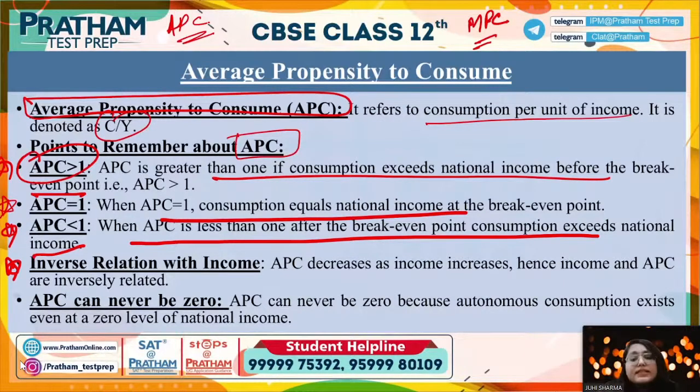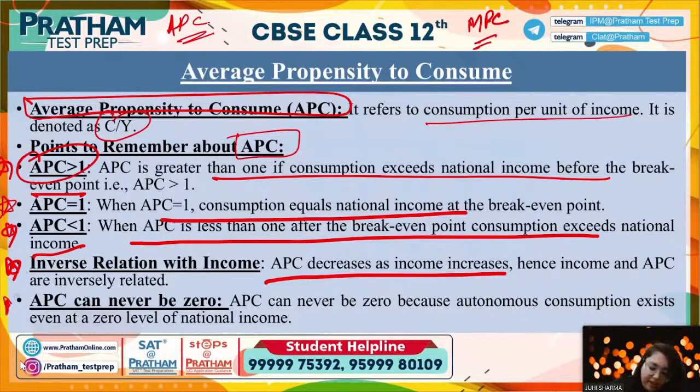As your APC decreases, your income increases. As your average propensity to consume decreases as the income increases, income and APC are inversely related. Why? Just as we studied in the law of demand that if quantity demanded rises then price falls and vice versa, it shows a negative relationship. So again, there is an inverse relationship with income, right?